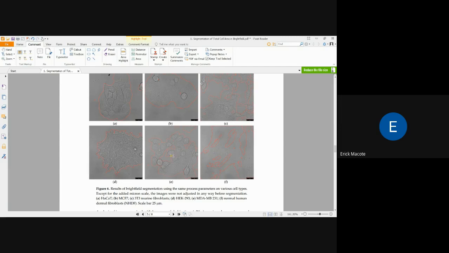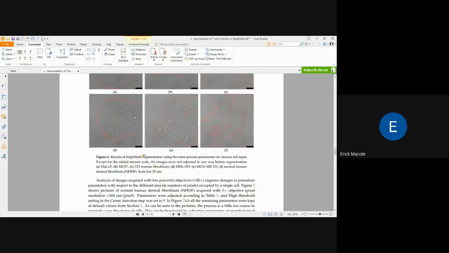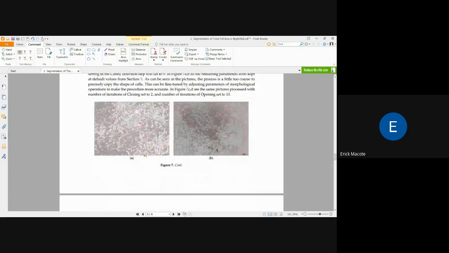Since the procedure is based on edge detection, it works best on cell types with clearly visible borders, such as MCF7 and HT29. On the other hand, Figure 7 shows a picture of normal human dermal fibroblasts.